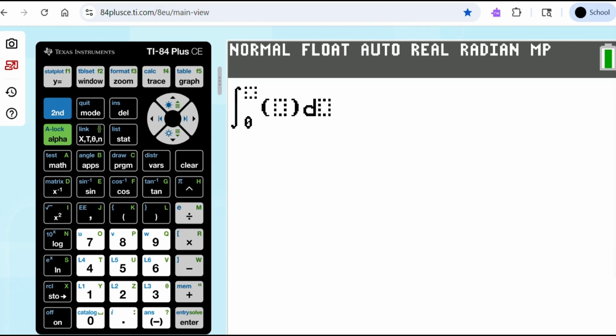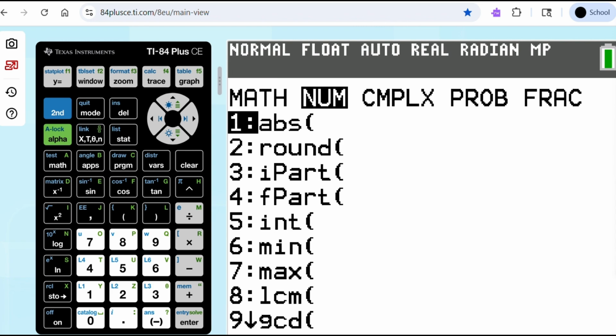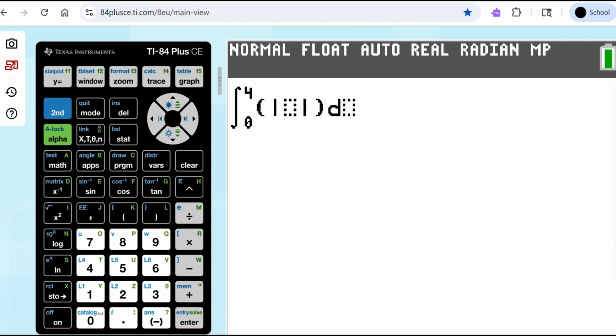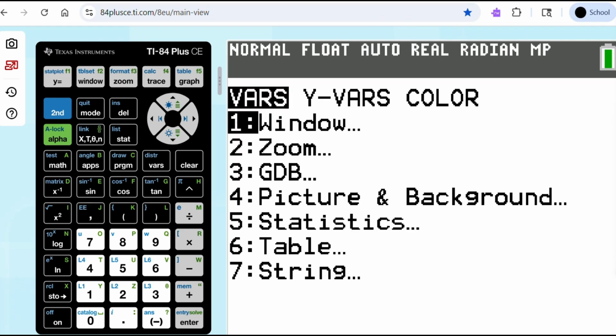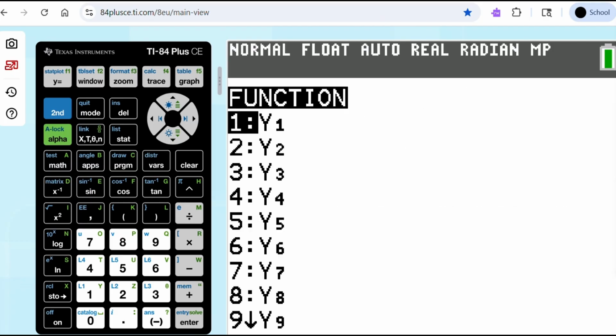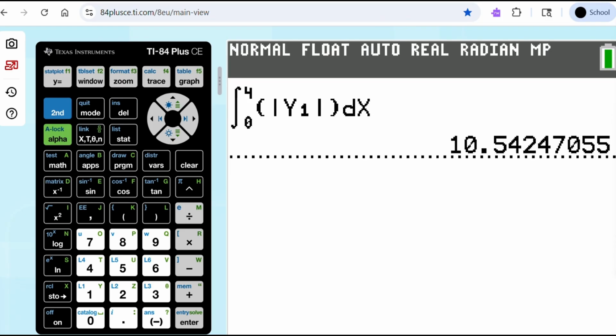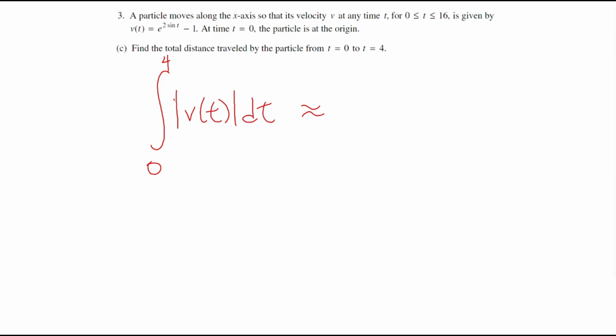We're going to integrate from 0 to 4. And it's going to be the absolute value, which is in the math window in the second column, option number 1. And we just want that function we've already typed in for y1. So we can hit VARS, the button to the left of clear, go to the second column, pick function and y1, and then we don't have to retype it. We can just put our dx and get 10.542.